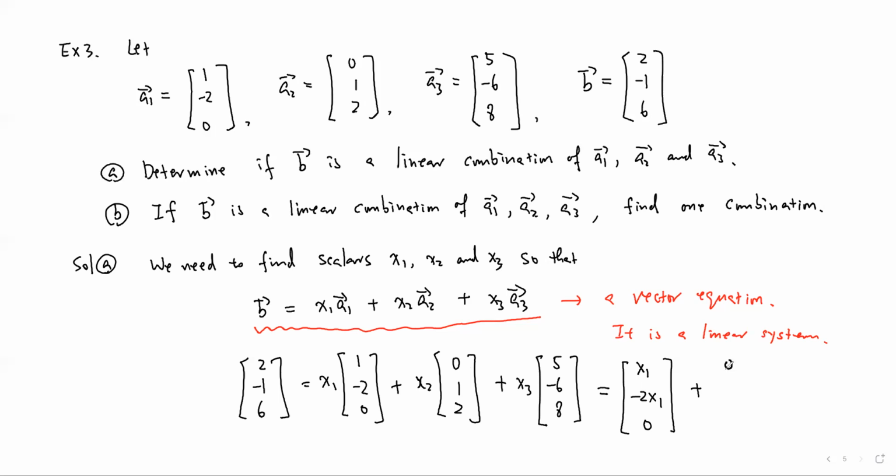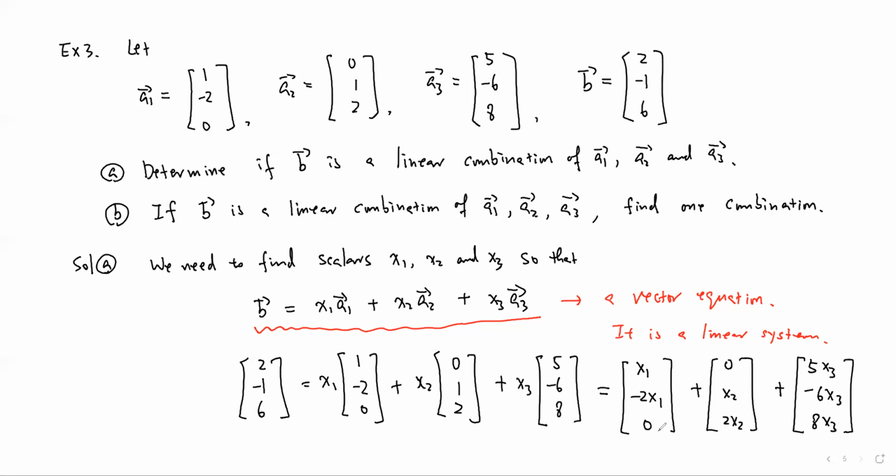So this is 0, x2, 2x2. x3 times this vector is 5x3, -6x3, and 8x3. A vector equation is a linear system.